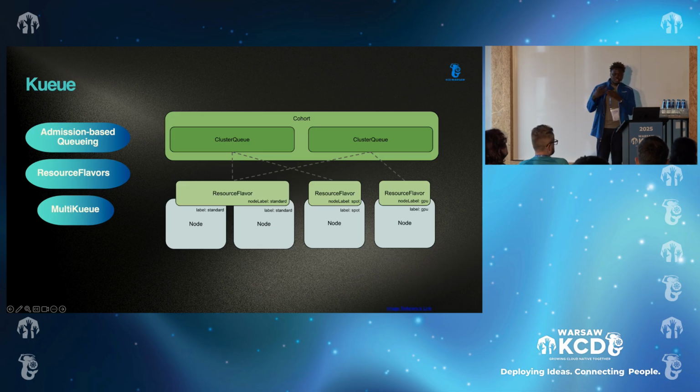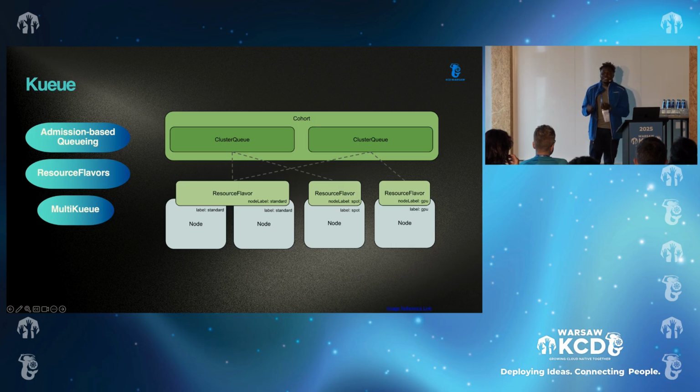Normally the Kubernetes API sends that request to the kube scheduler, and the kube scheduler decides whether to schedule it or not. But Q comes in between this phase. When you submit that request to the API server, it is sent to Q, and Q has what we call admission checks. Admission checks check the particular resource that you want to schedule and confirm whether the cluster has enough capacity to schedule that job.